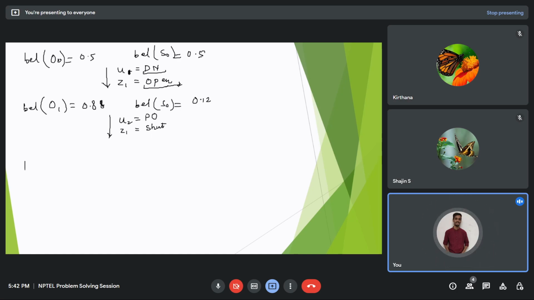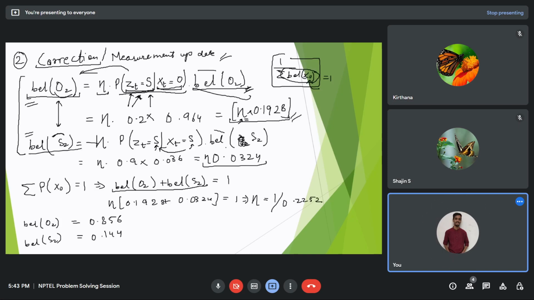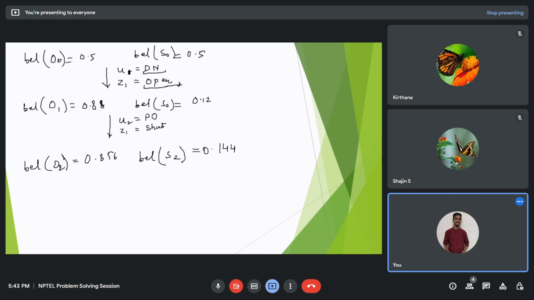After that, your belief that the door is open has dropped to 0.856, and your belief probability that the door is actually shut has increased. But it has not increased by much. Basically, this has not decreased by much and this has not increased by much.